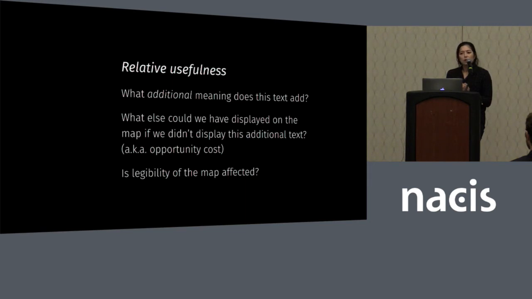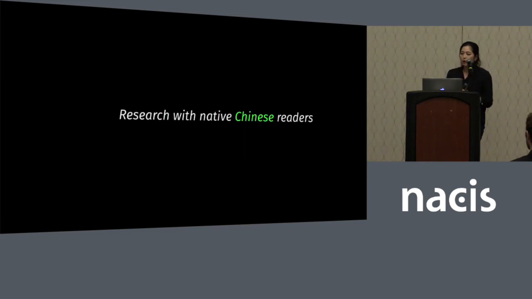If you have higher text density, that might make the map harder to read. So, leading up to this, what we wanted to do is research with users and test out some different label options and evaluate them with some of these criteria.